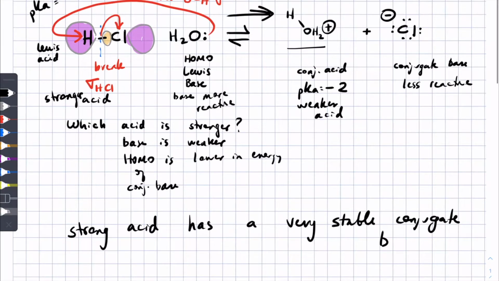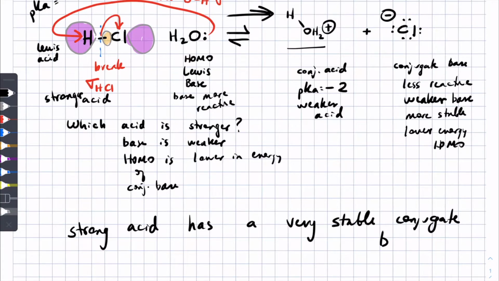The pKa data tell you that equilibrium favors the right-hand side and that HCl is the stronger acid. That Cl minus is a less reactive, weaker, more stable base. By the way, we're going to use those terms interchangeably: less reactive, weaker base, more stable, lower energy HOMO. All of that we're going to use interchangeably.